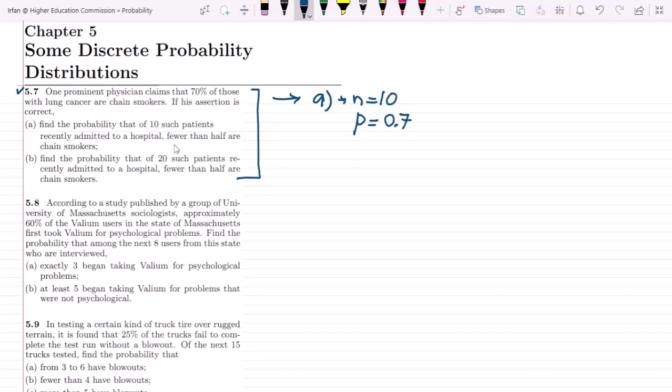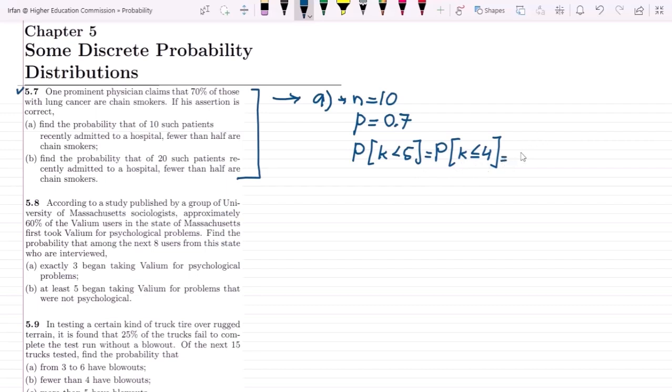We have to find that fewer than half are chain smokers. Half of 10 is 5, so we have to find the probability that k is less than 5, which is the probability that k is less than or equal to 4. So here we have to see the probability that fewer than half are chain smokers.